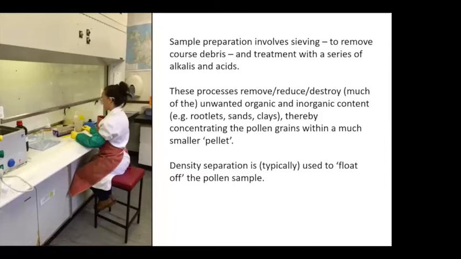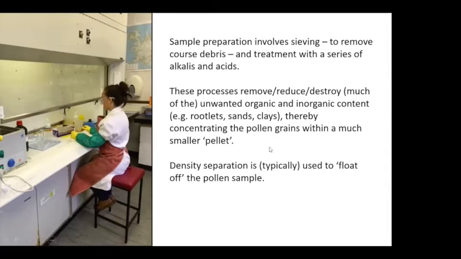The pollen grains can withstand this process because they have a really tough outer layer. The pollen grain wall is very resistant to decay, and it can withstand short treatment in quite strong acids, whereas other organic remains that are more fragile are destroyed by those processes.